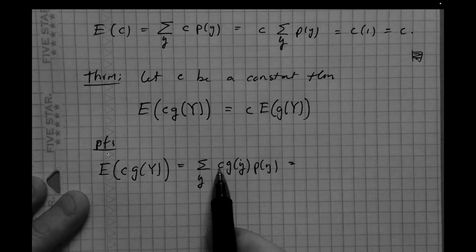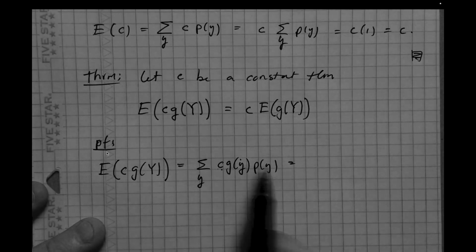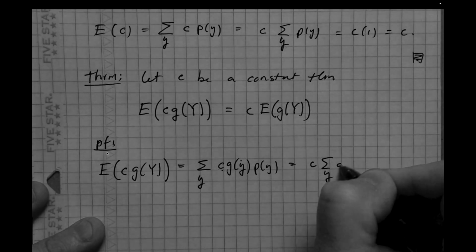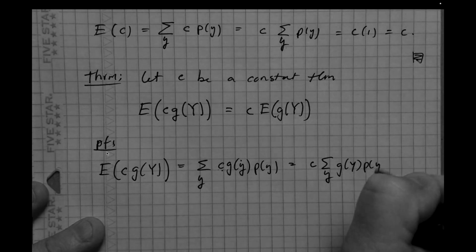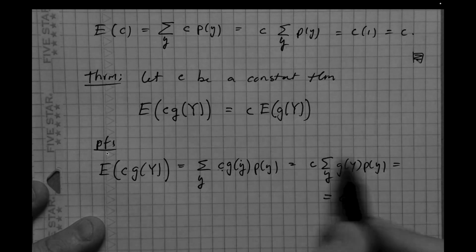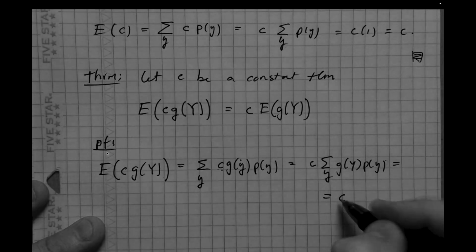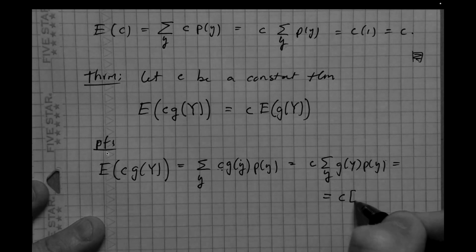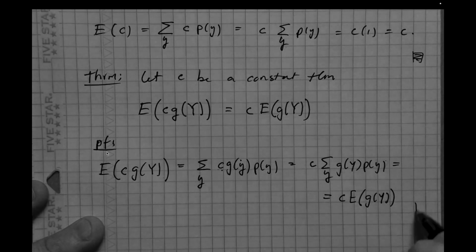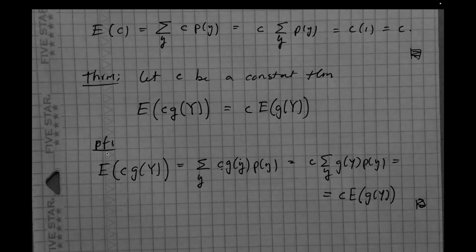Now, of course, the constant is in every term of the sum, so we can pull it out, and we just get c times the sum, which is just the expected value of g of y, right? And so that's pretty easy. These are just, again, properties of summations.